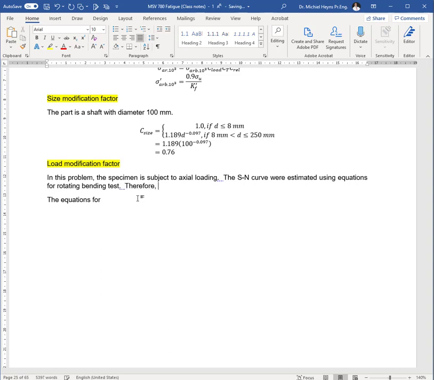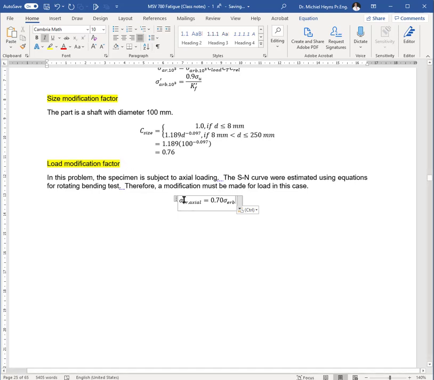Therefore, a modification must be made for load in this case. Now, the equation that we have at the moment is this one here.